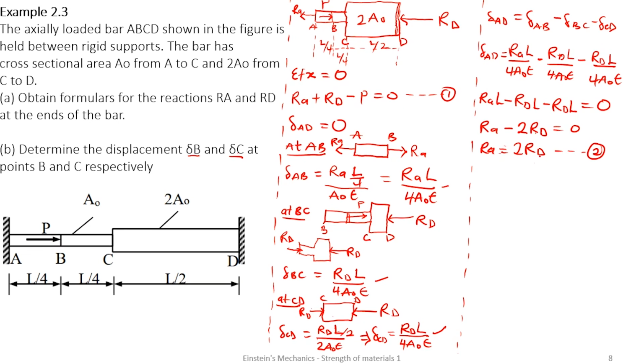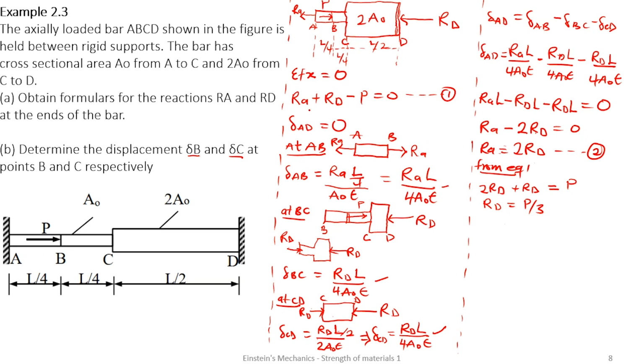P. Meaning if I bring equation 2 into equation 1, I'm going to replace RA by this, so I get 2RD plus RD, which is going to give us P, meaning RD is equal to P on 3. RD is P on 3.